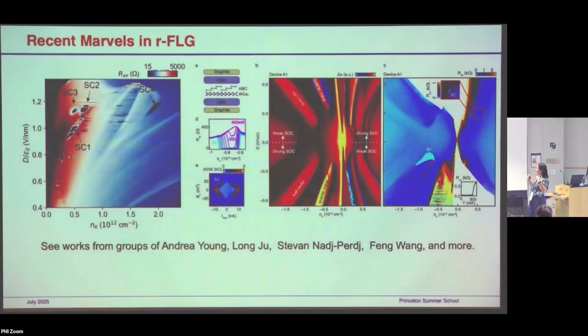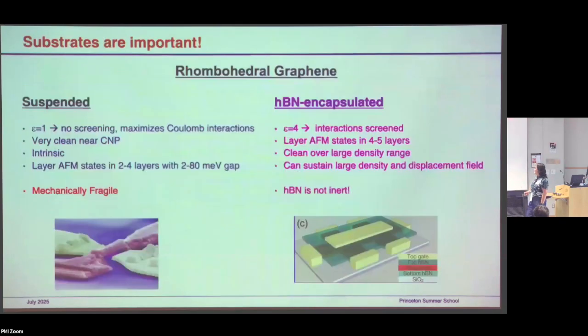A lot of times we think in our mind that hexagonal boron nitride is just inert and sits there and provides a nice high mobility environment for the device, but it's actually not that simple. In many cases we can treat it like that, but keep in mind that its presence itself can change material properties. So let me say that again: it's not inert. It's really nice. It has a clean, large density range, can sustain high density and displacement field, but it's not enough.